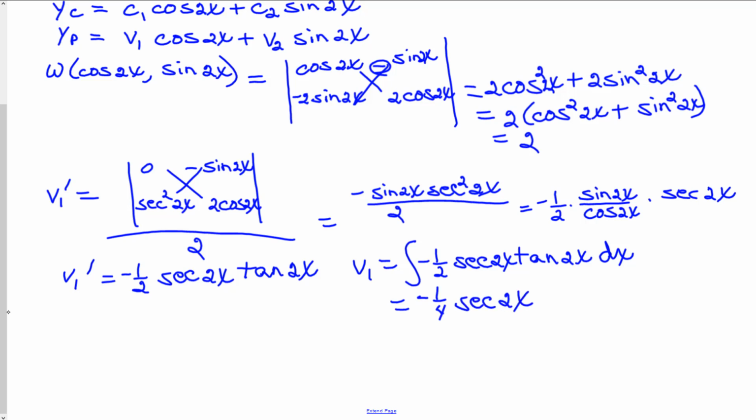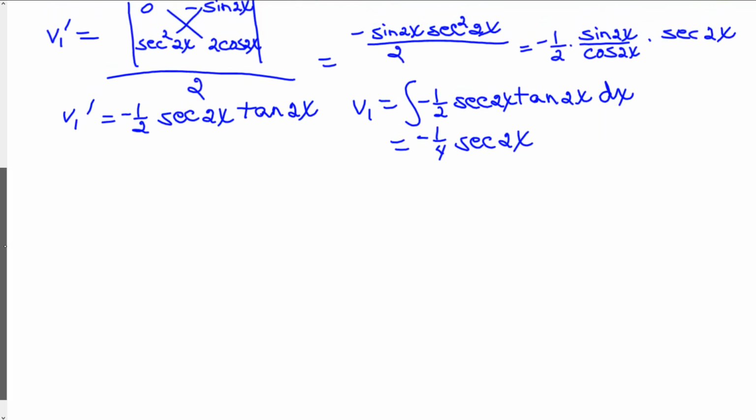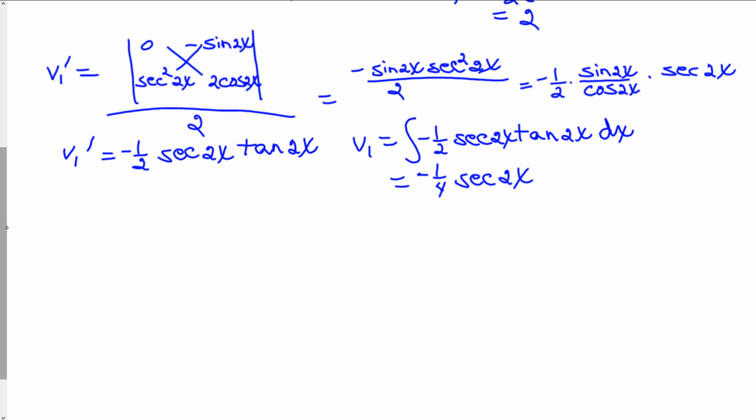And you can certainly check that by taking its derivative to make sure that you've got your constant coefficient right. Okay? All right, now we're ready for v sub 2 prime. Now, by the way, this determinant that we used in the numerator, some people will label that w sub 1. So if that helps you, w sub 1 divided by w is how you're setting up the fraction that's equivalent to v sub 2 prime. All right, now v sub 2 prime.